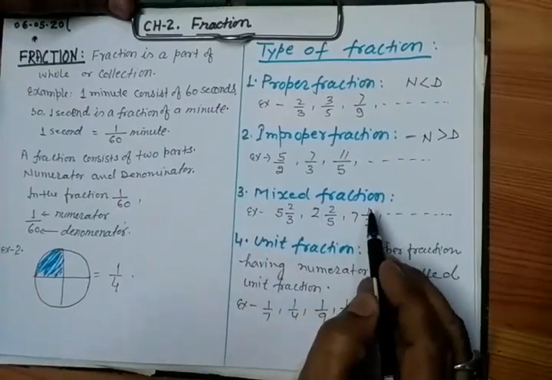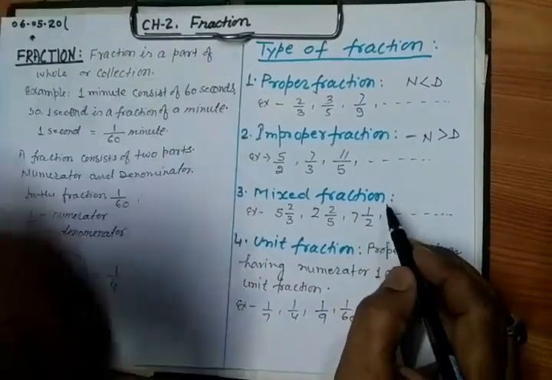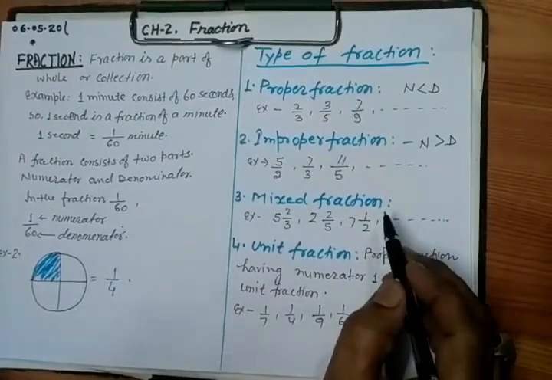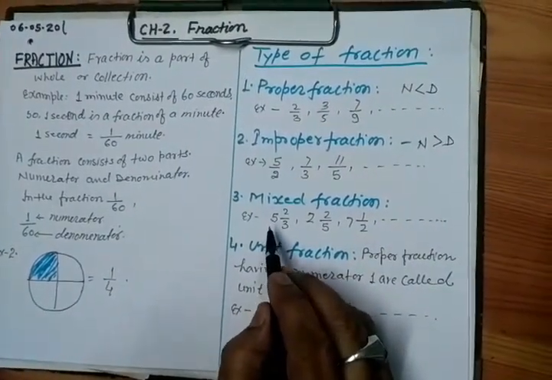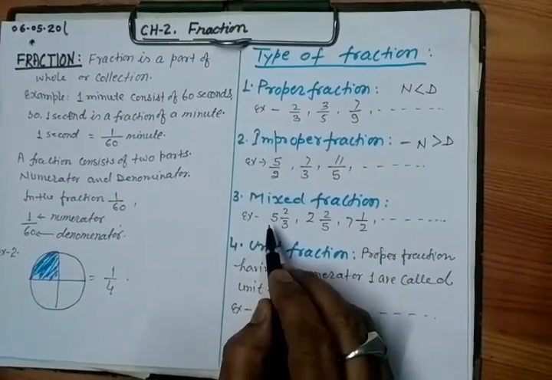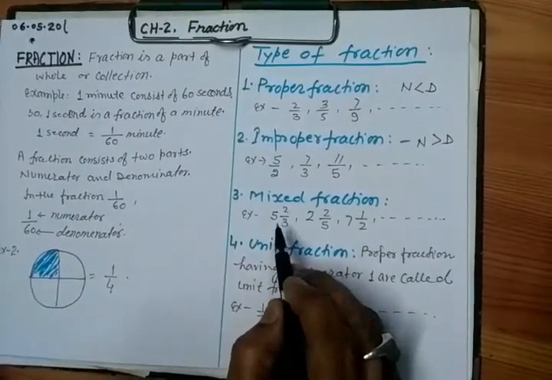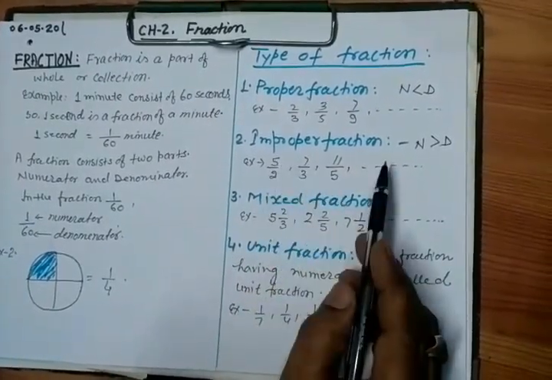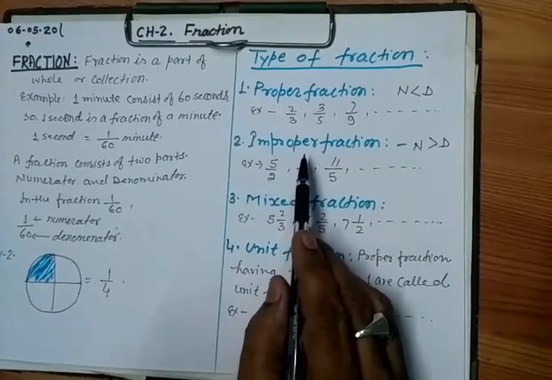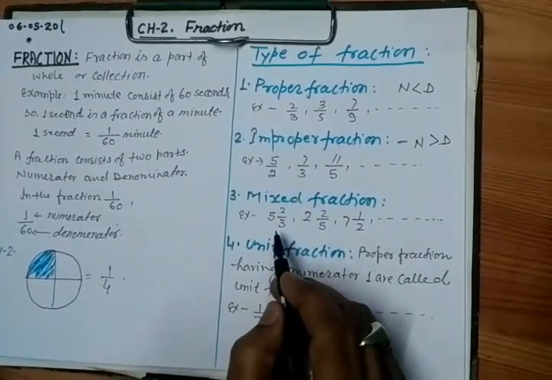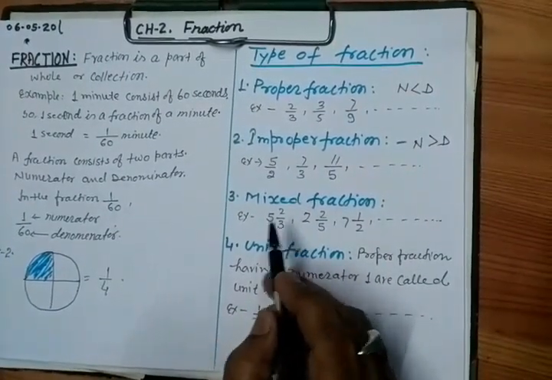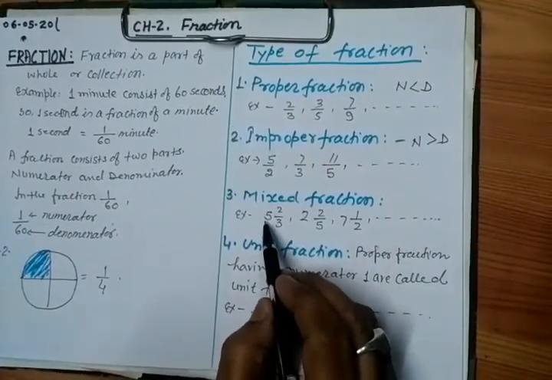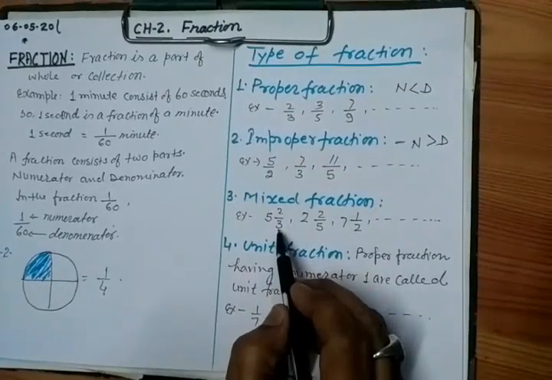Third is mixed fraction. A mixed fraction is a fraction in which there is a whole number with a proper fraction. A mixed fraction can be changed into an improper fraction and an improper fraction can be changed into a mixed fraction. As 5 whole 2 upon 3 will be 5 3s are 15 plus 2, 17 upon 3.